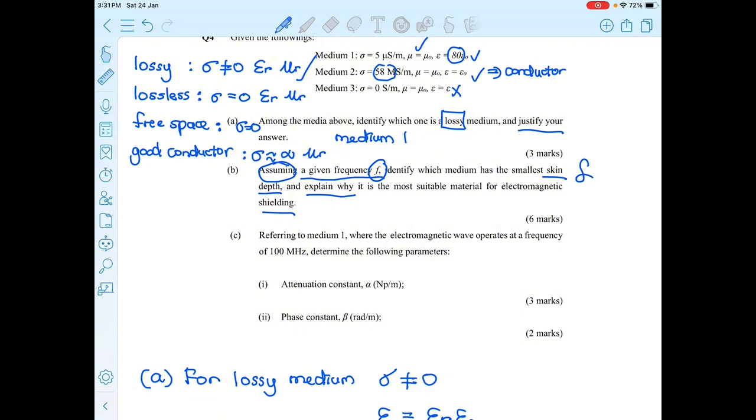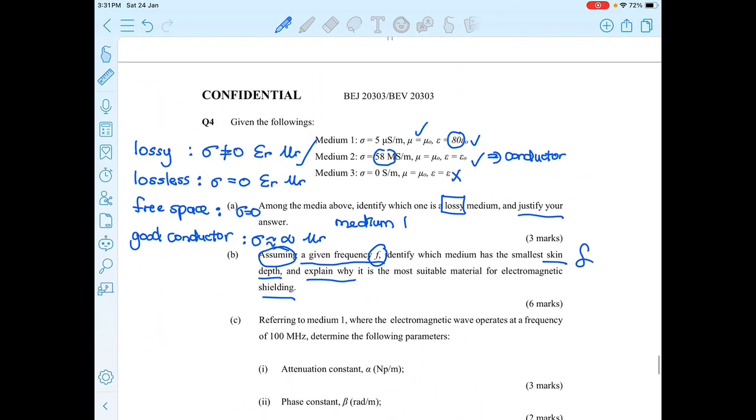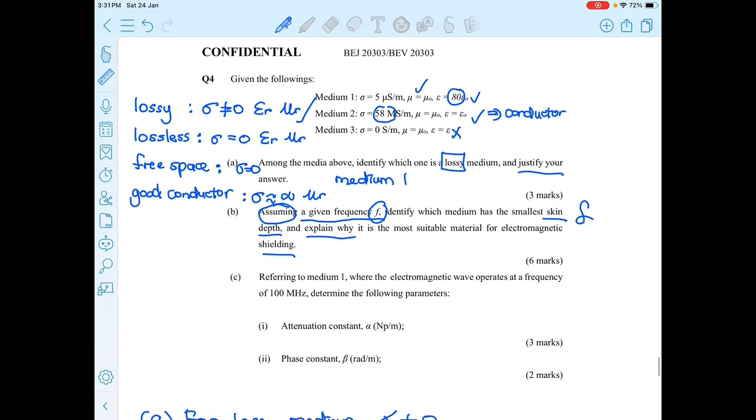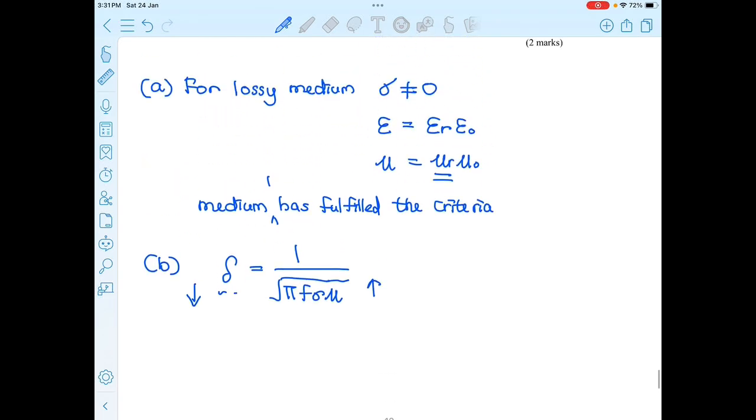So what is the skin depth equation? The skin depth is equal to 1 over the square root of pi f sigma mu, if you remember. You have three mediums, and you want the skin depth to be smaller, so this part must be bigger. How to make it bigger?